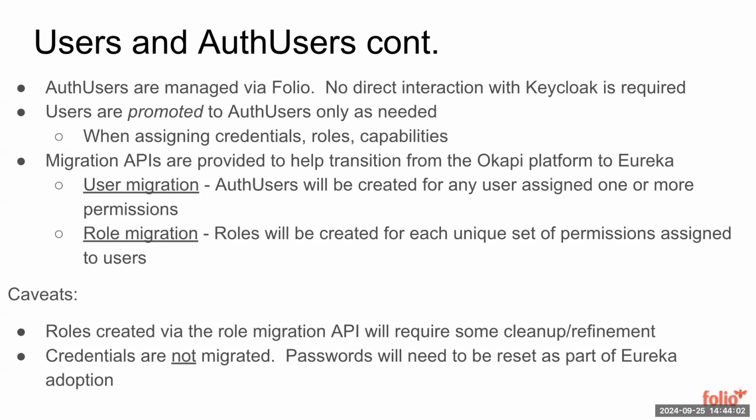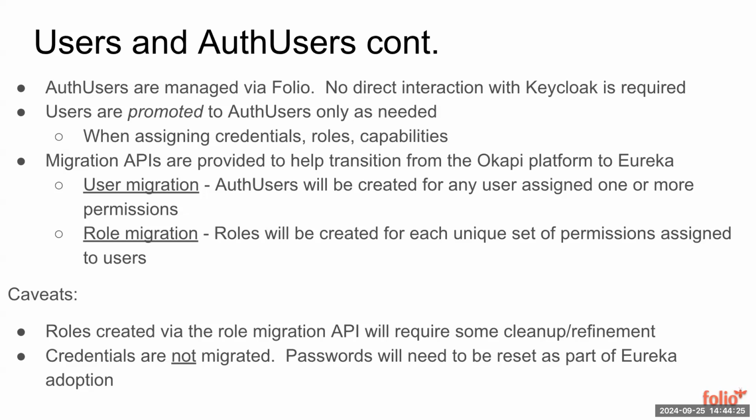Because the credentials are stored in Keycloak. I can't store something in Keycloak if there's no user record, right? Likewise, if you're trying to assign roles to a user or capabilities directly, right? And so by promoting a user to an auth user, it basically means that we're creating the auth user record in Keycloak on an as needed basis.